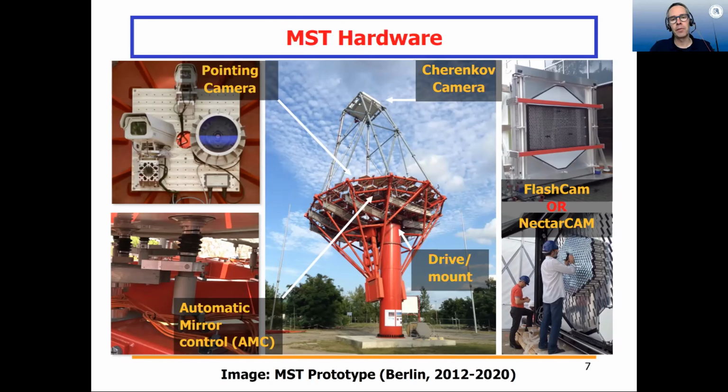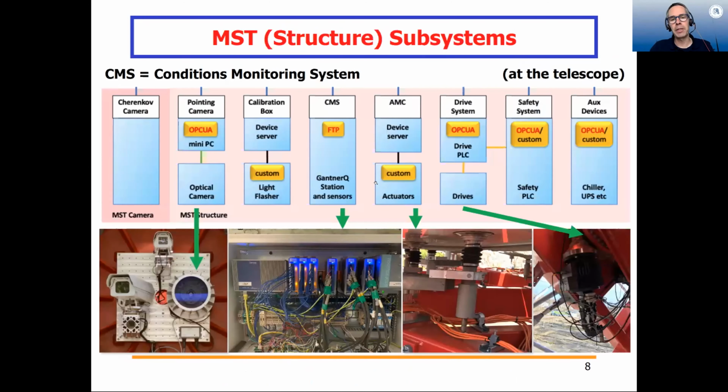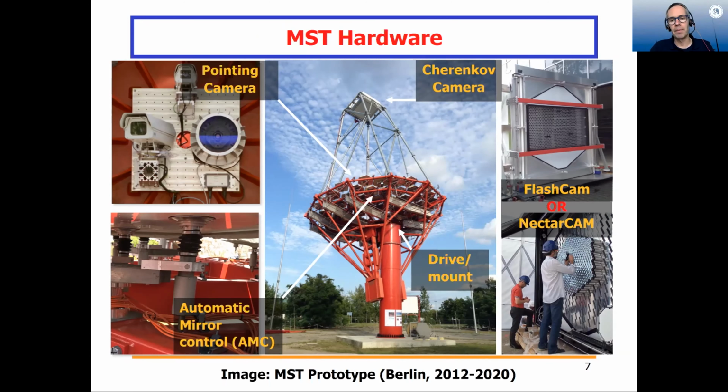And here in the focal plane, which is flat, you have a Cherenkov camera. And we have actually two Cherenkov camera projects. They're called FlashCam and NectarCam, and they differ in the number of readout channels and also the used hardware and software. And then in the center, we have a pointing camera and also a drive and mounts for telescope movement.